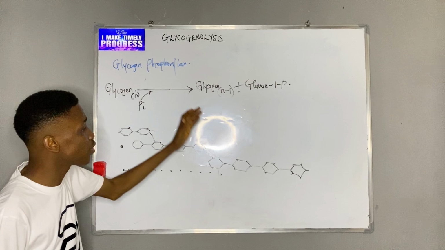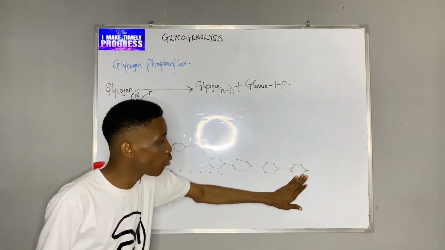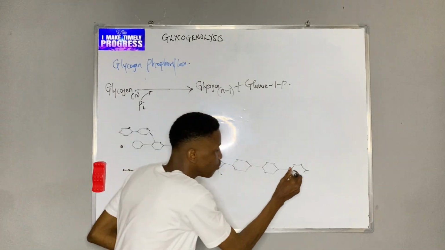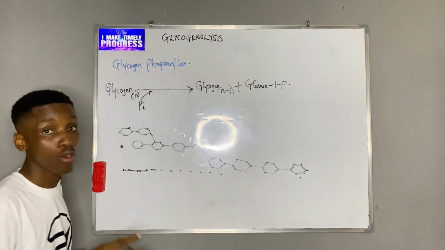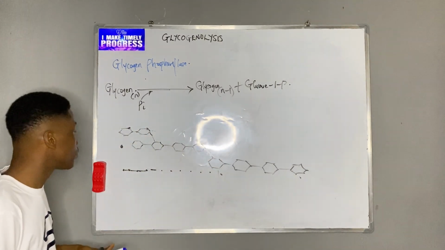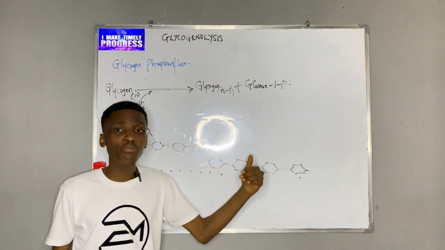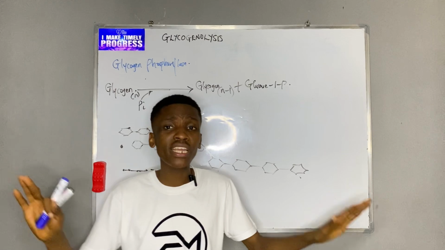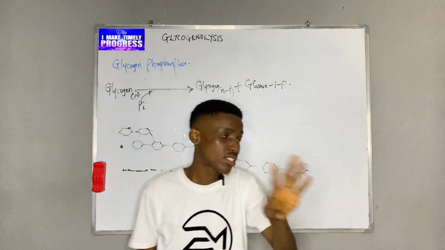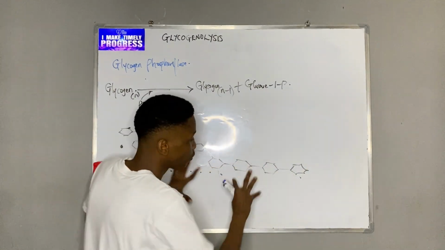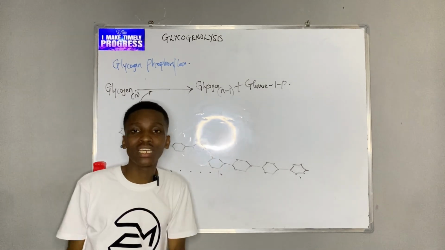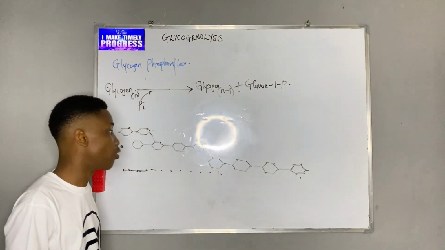Now, glycogen phosphorylase breaks the alpha 1,4 bond. That means I'll keep breaking the bond between 2 people that are in straight chains. But as I keep breaking, they're always very long. I keep breaking and breaking till I have just 4 persons, 4 here and 4 here being joined together by a bond.